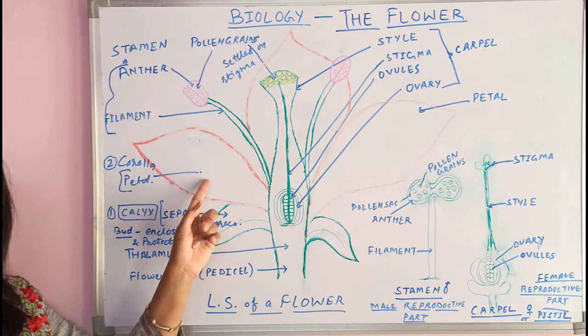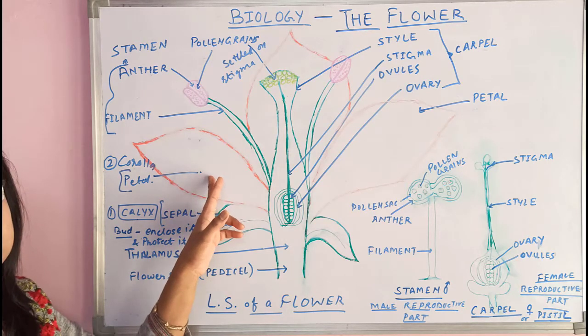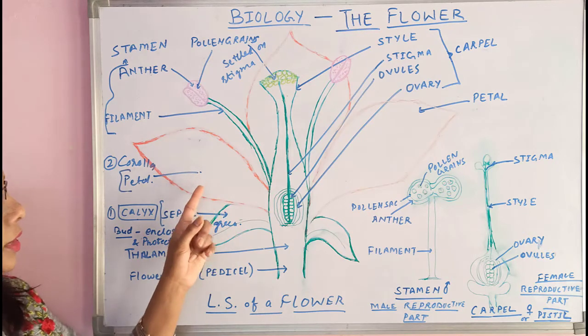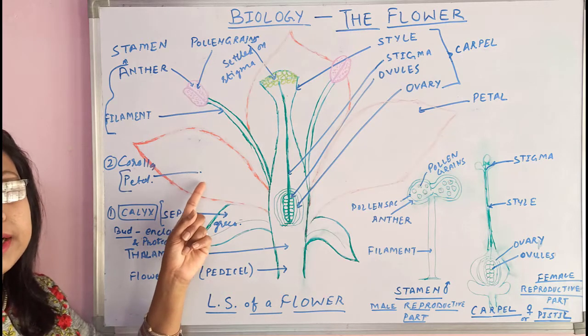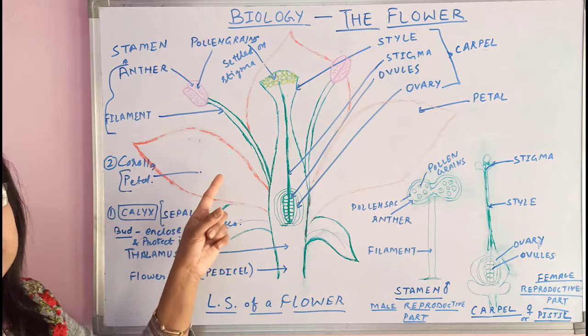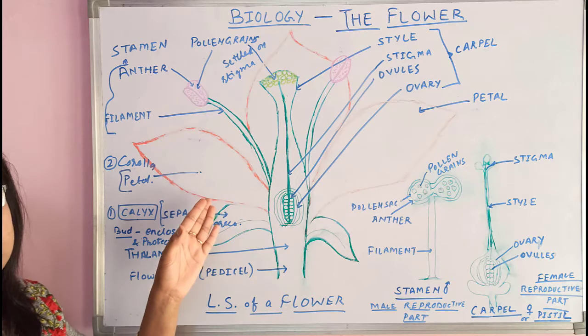Petals are usually colored white, but you will never find them green. They have different colors except green. It is the function of petals to make the flower attractive and colorful, so that insects visit the flower and do pollination in the flower.